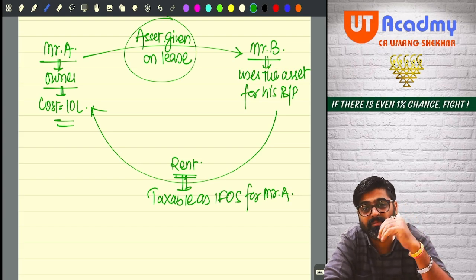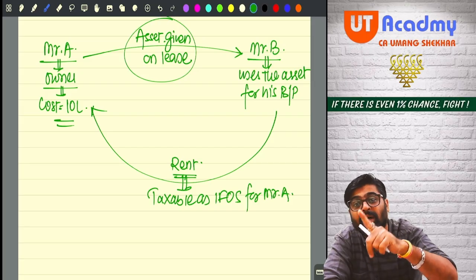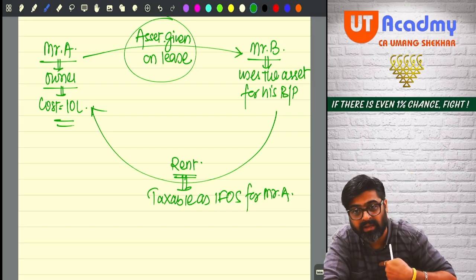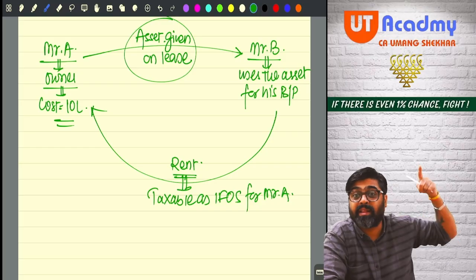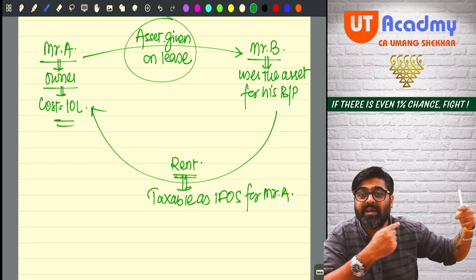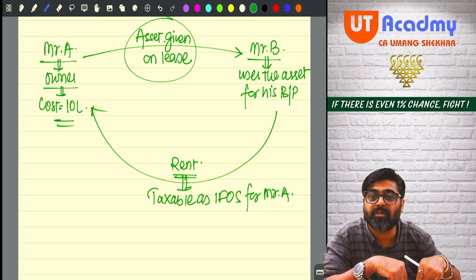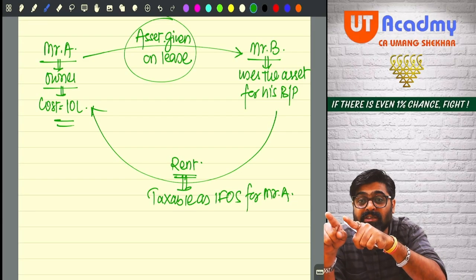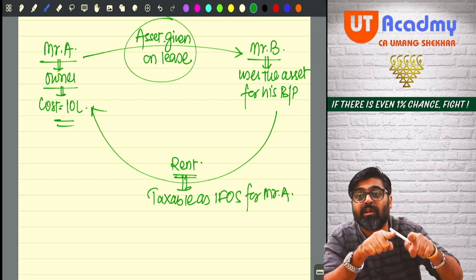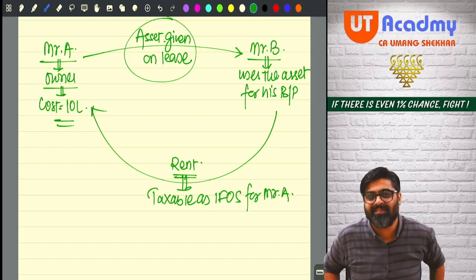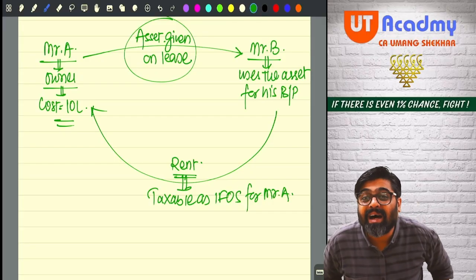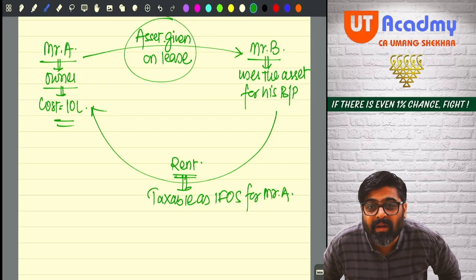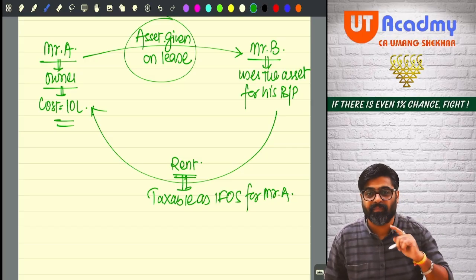This is my other income, income from other sources. Whose income is this? Mine only, no. If I am showing the income of that asset as my income, but under the head IFOS, I am the only person who is going to get the deduction of the cost of that asset in the form of depreciation, even though the asset is not used by me in my business or profession.